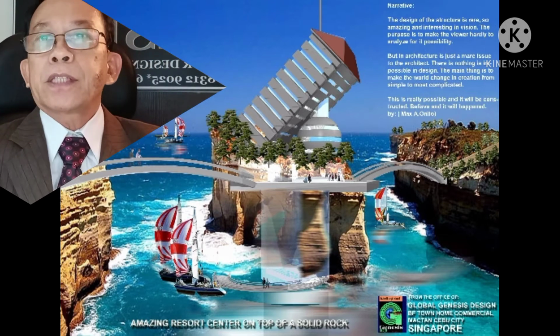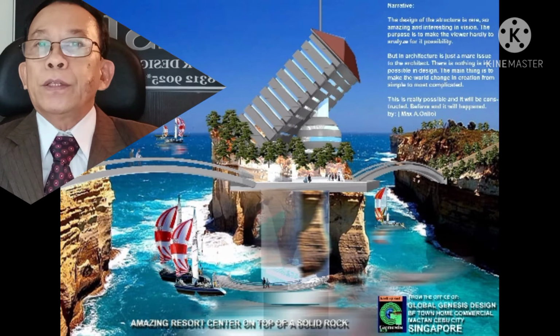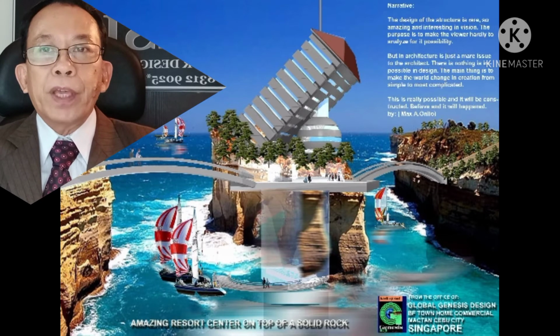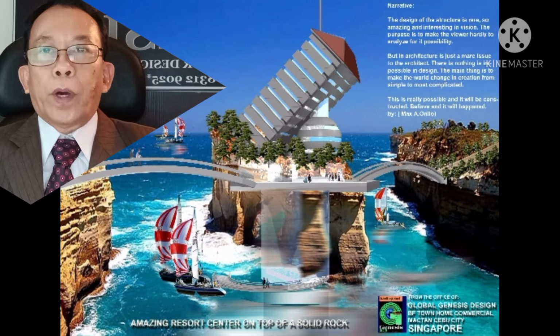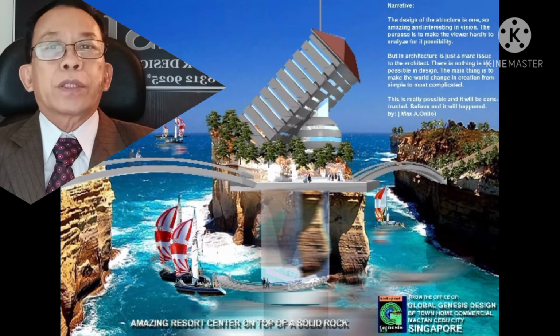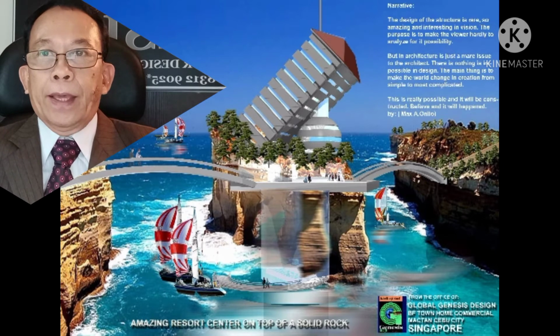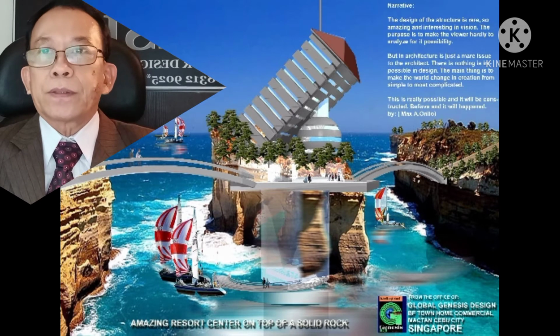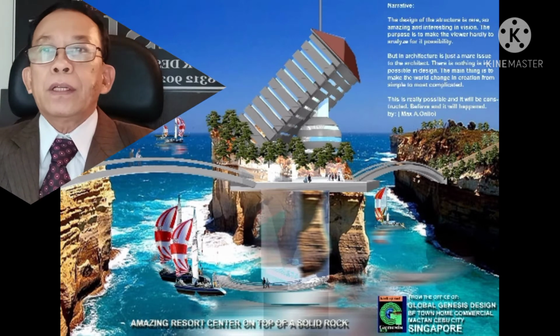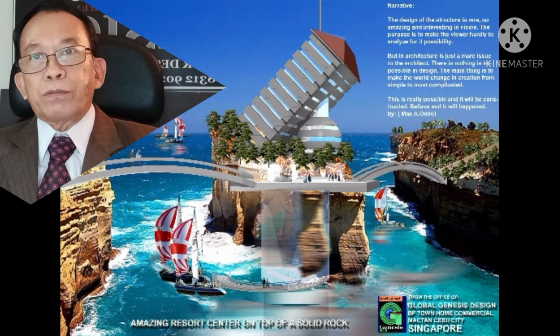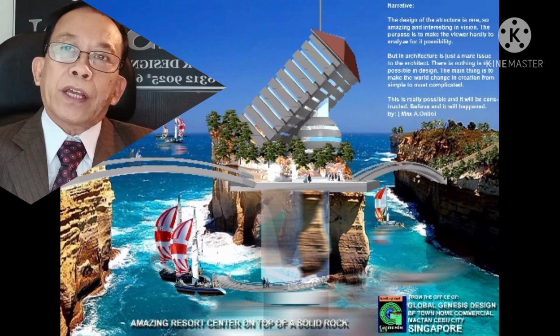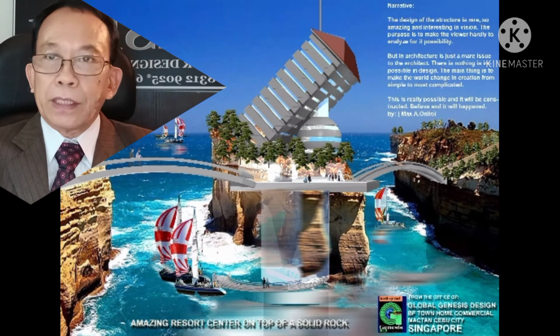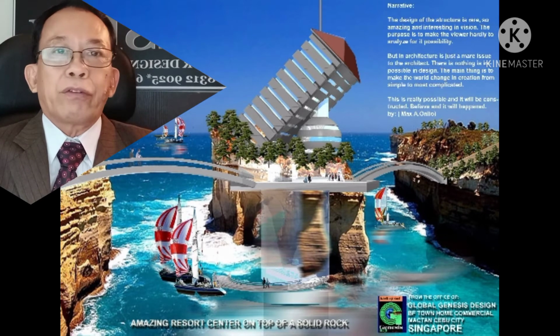You can see three big boulders, one in the center and one on each side, in the midst of the ocean. I put a center of attraction where I can put my buildings, at the center of these three rocks.